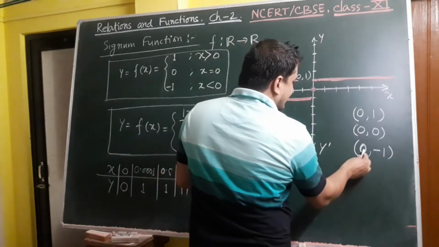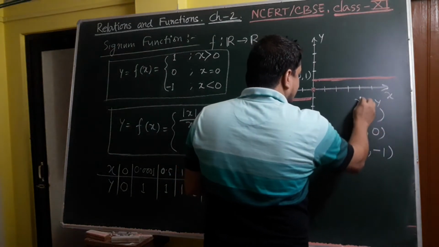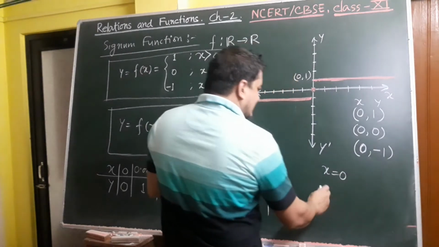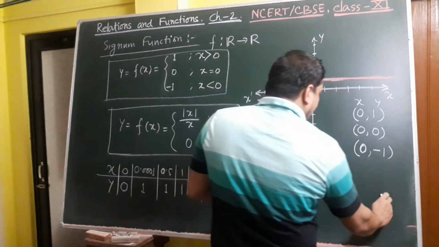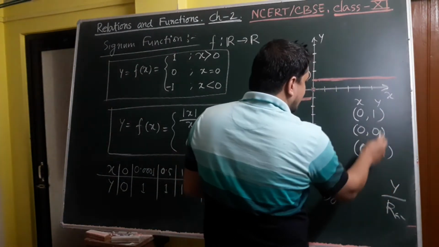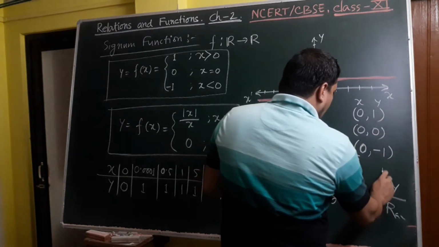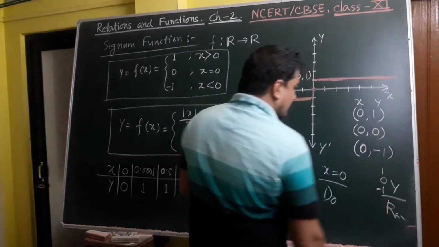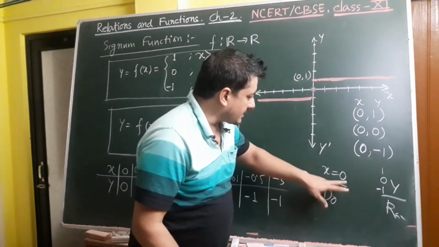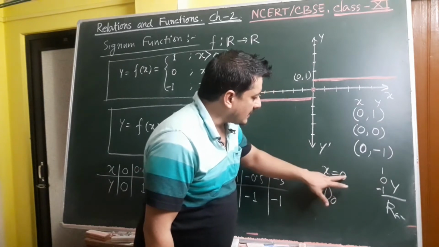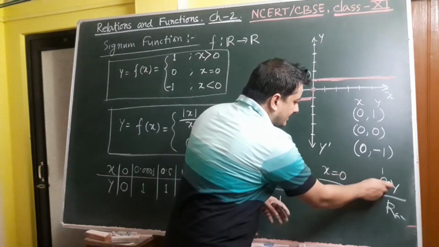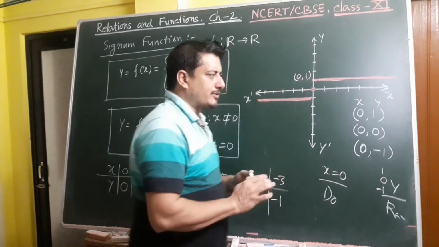So here x is the same, x is equal to 0, and this is the domain part, and here y is the range part. In range you have got actually 3 points, 1, 0 and minus 1. Either this 0 will be mapped to 1, or to 0, or to minus 1. It cannot be mapped to 1, 0 and minus 1 at the same point of time.